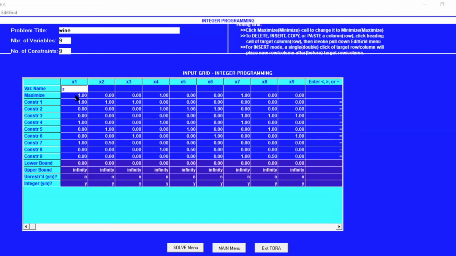So I plugged in all the numbers, and I will just keep it here for a few seconds just to see what I put for each of the constraints. And again, we are doing integer programming. We don't want to have broken bottles or parts of bottles given away to people.